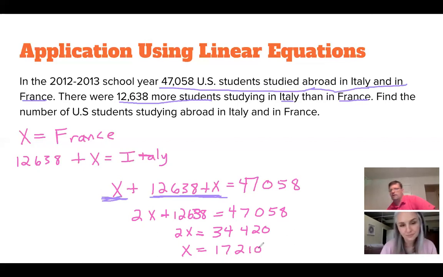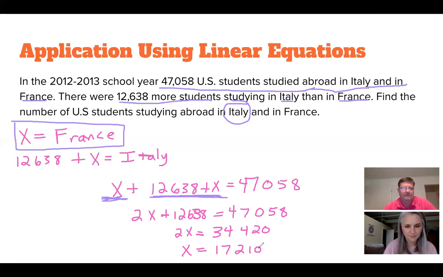Okay, and I don't know if you run into this in the ACT. If this problem were like an ACT problem, they might ask you what's the population of students going to Italy? I have just answered the first part. France has 17,210, and Italy would have like 29,000 something.